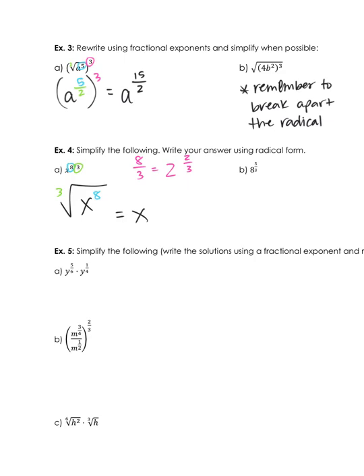So this is going to be x squared. And this 2 is going to be my exponent inside. So this is x squared times the cubed root of x squared. That is the most simplified version.